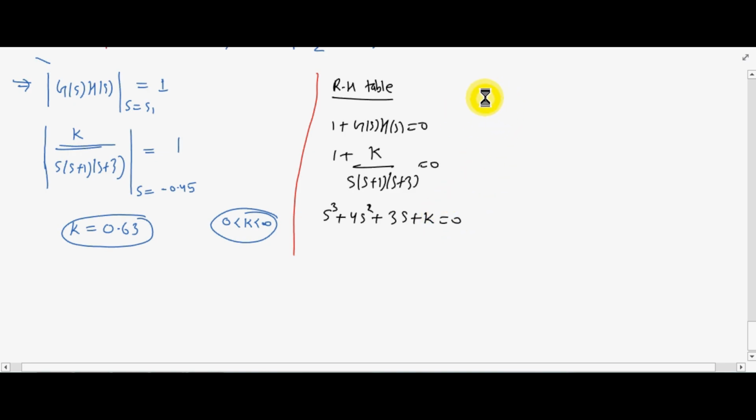The RH table has rows s cube, s square, s power 1, s power 0. We take 1 and 3 in the first row, and 4 and k in the second row.